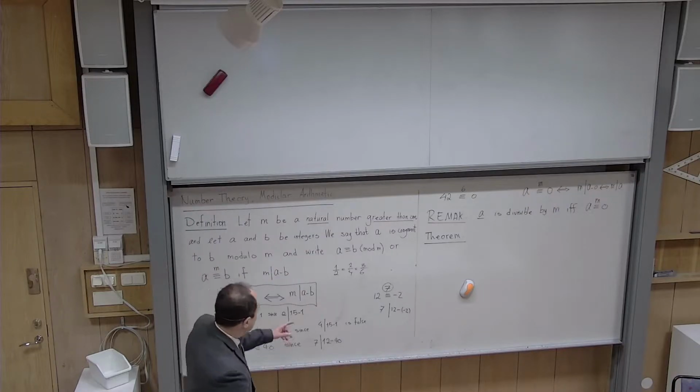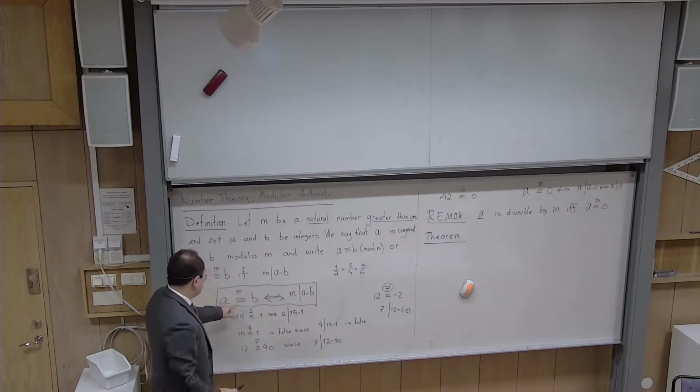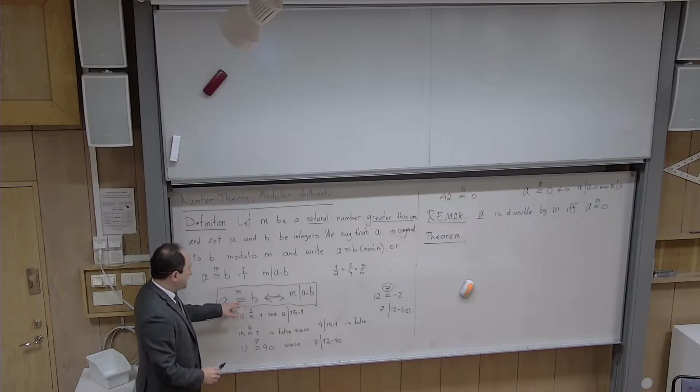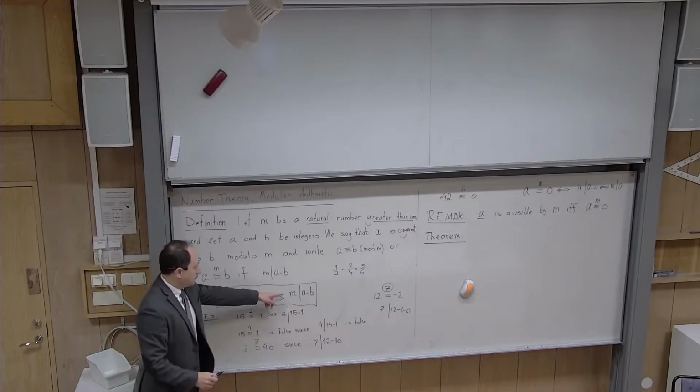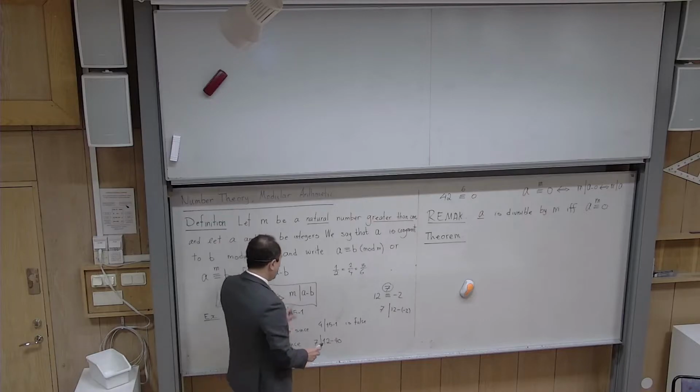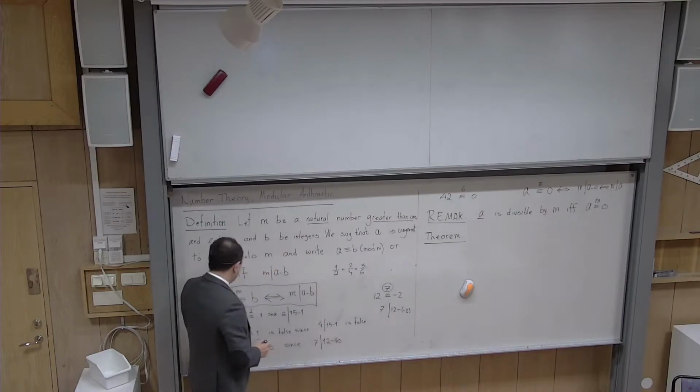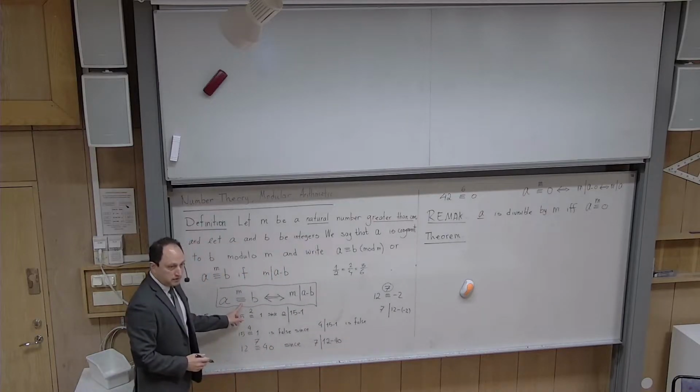So working with congruency is easier for our brain than working here. For example, this is very close to equality. So whatever you know from equality is more or less valid when you are using this symbol.